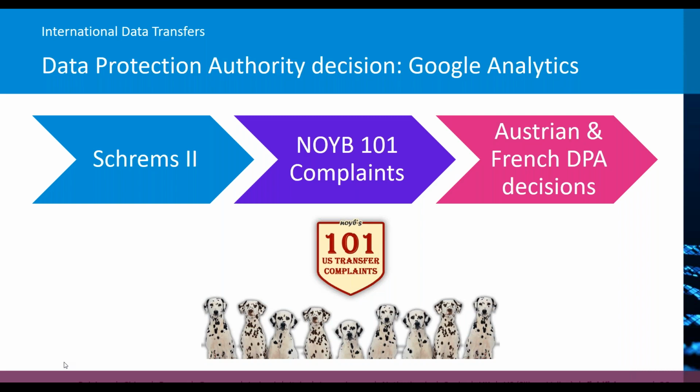And NOYB claims that these were not in compliance with the Schrems II ruling. And these 101 companies consisted of at least 2 companies, one in Austria and one in France, who were subject to some recent decisions, which we'll go on to discuss. Next slide, please.